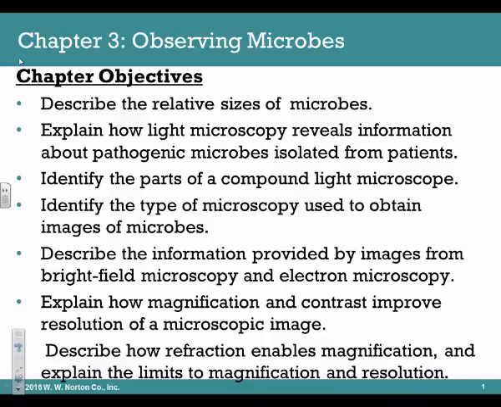All right, so this chapter I want you to be sure that you understand size. And of course in science we're talking about the metric system when we're talking about measuring anything. And that includes the size of microbes. I'm going to tell you mostly about light microscopy and electron microscopy and how they're really useful in viewing microbes and microorganisms.